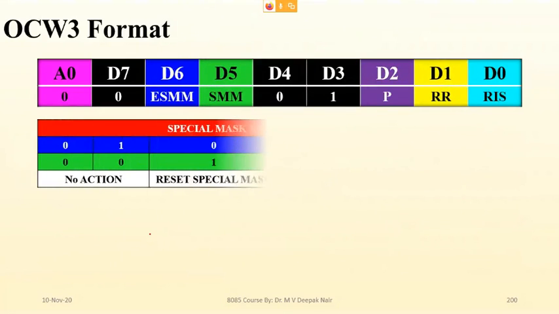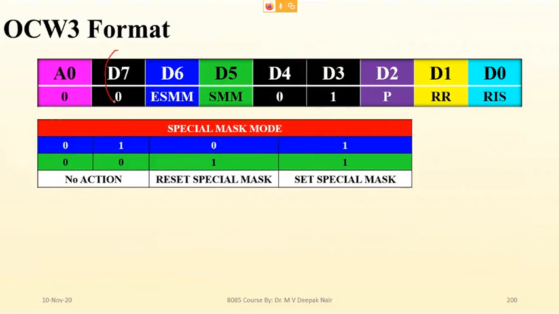In OCW3, D7, D4, D3 will always be in the sequence 0, 0, 1. This is the identification of OCW3.